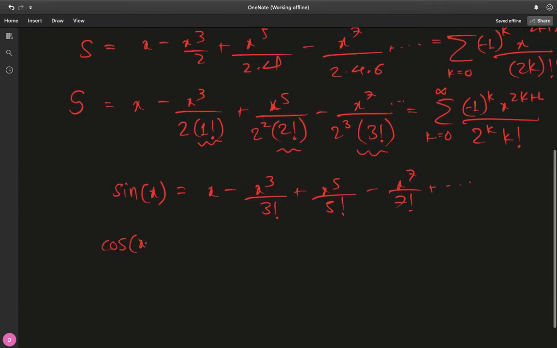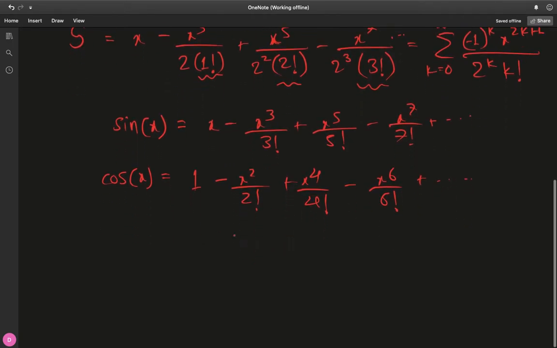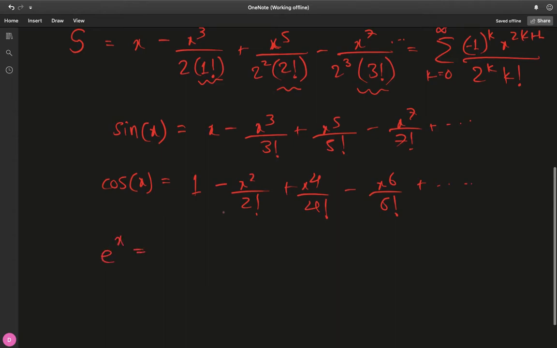Second was the cosine series: 1 minus x squared over 2 factorial plus x to the 4th over 4 factorial minus x to the 6th over 6 factorial, and that goes on. And the last, e to the x, which was very simply 1 plus x to the 1 over 1 factorial plus x squared over 2 factorial plus x cubed over 3 factorial, and that goes on.